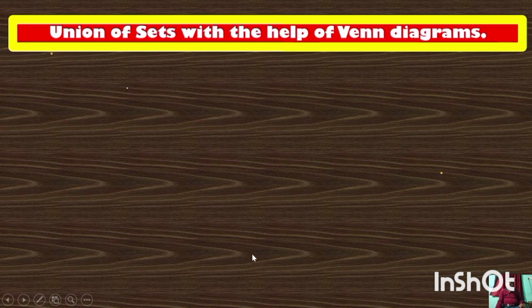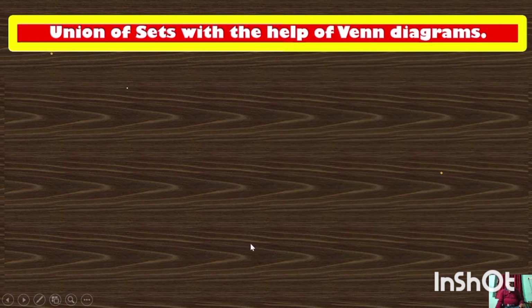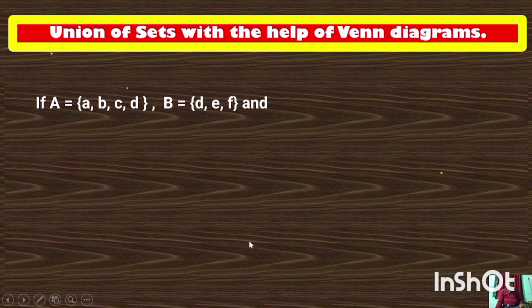Understand? Okay, let's see another example. A is a set having elements A, B, C, D, and B is a set having elements D, E, F, and C is another set whose elements are G, H, K, the three sets.